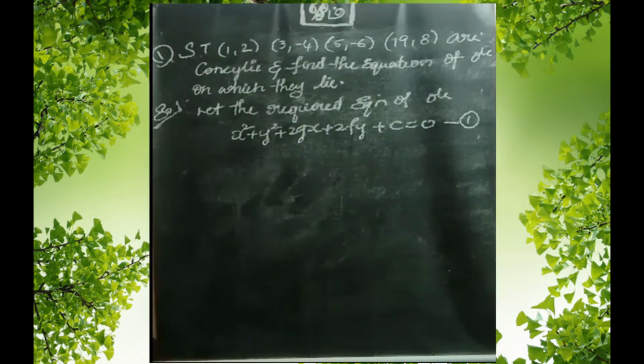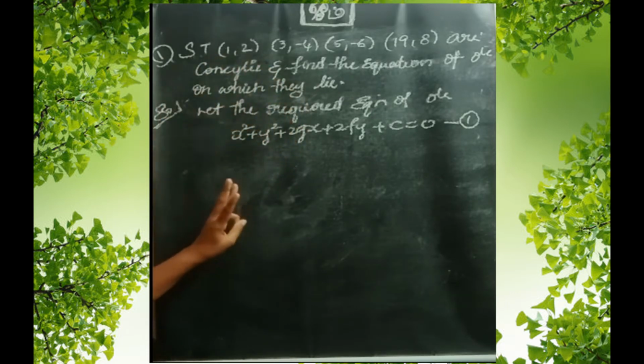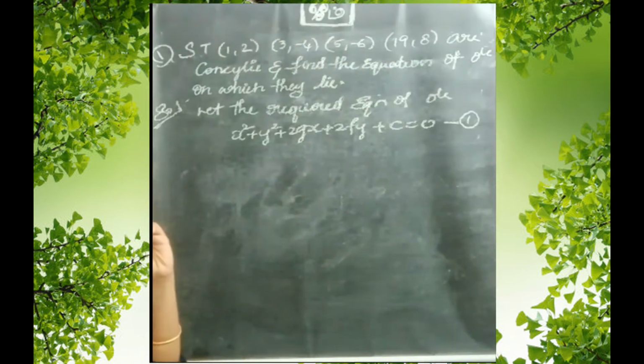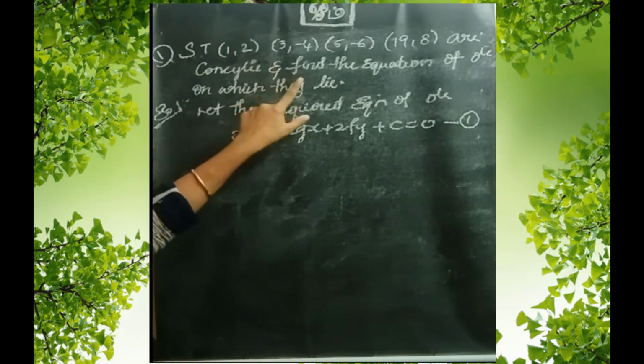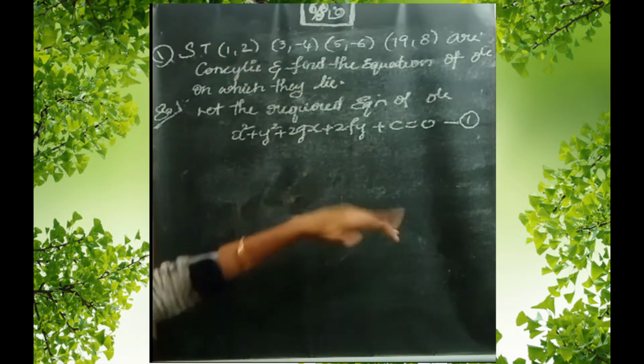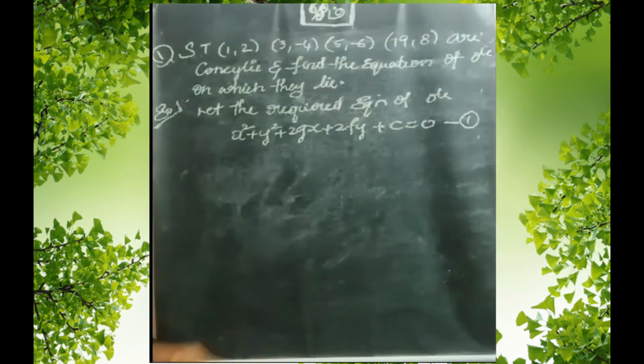Now we have to substitute. Take any 3 points and do as we learned in the previous section, equation of a circle using 3 points. Likewise, take any 3 points, substitute in the equation and find g, f and c. At last we have to get the equation of the circle.